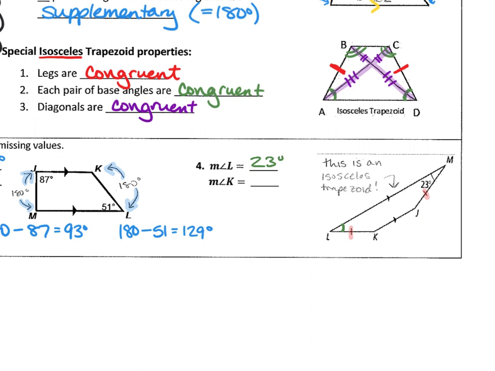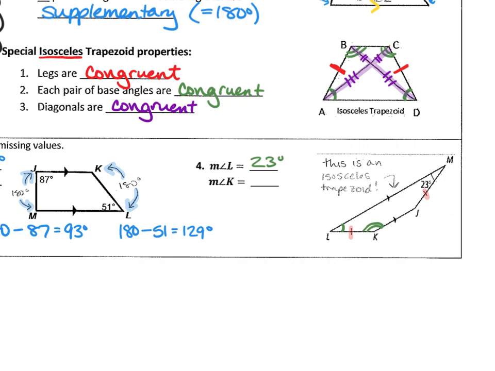The other one I want is angle K. So let's highlight angle K for ourselves right here. We don't know angle J, so it's not as easy as the question before this where we just said 23.